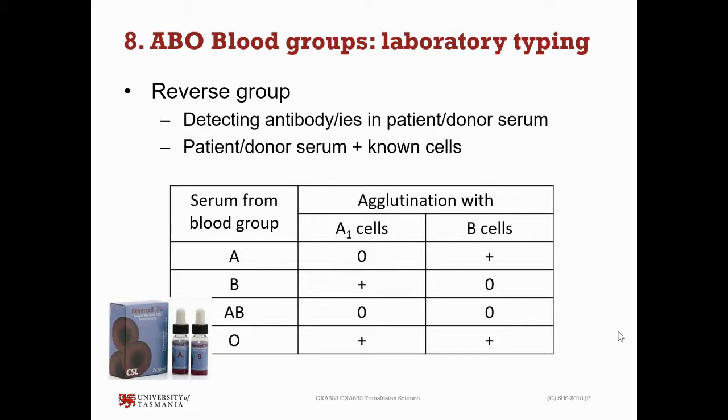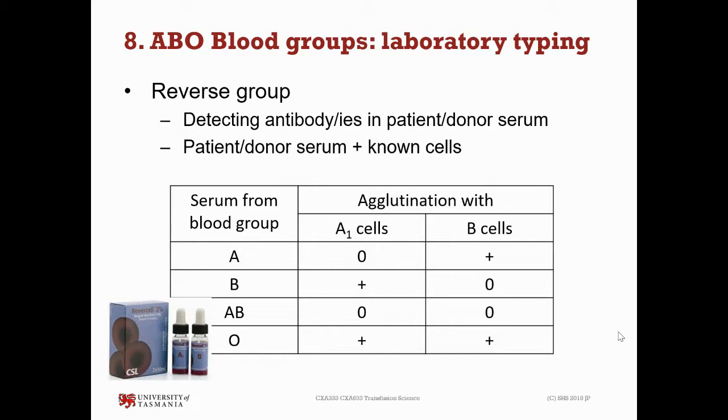Z has already said that our naturally occurring antibodies are IgM antibodies, which is what the ABO blood group antibodies are, and our immune antibodies are IgG antibodies, and therefore they need a prior exposure to occur. And so they're usually not there, unless the person has been exposed to the corresponding antigen.